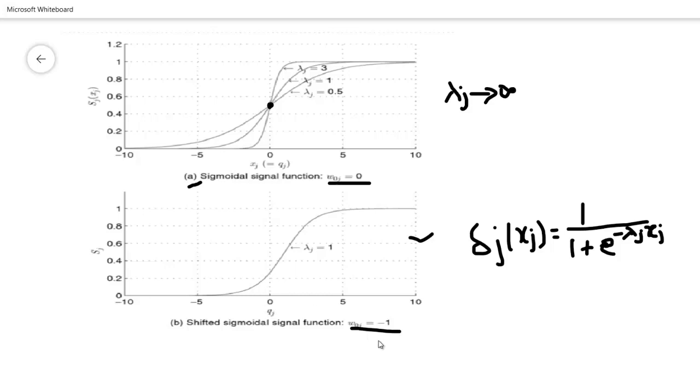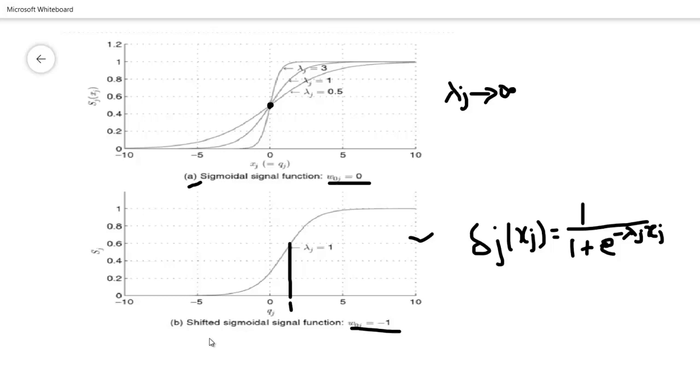Whenever W0j is equal to minus 1, this diagram is shifted towards the right, and here lambda j is equal to 1. So you have to remember these things about the sigmoidal signal function. How do you read diagram B?